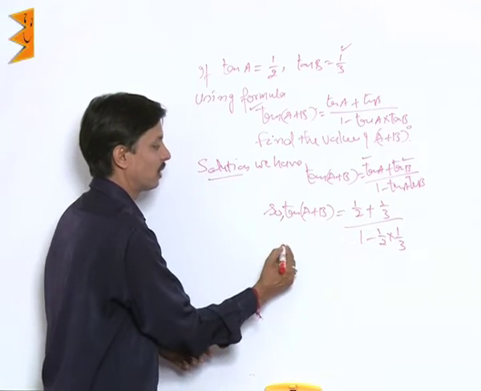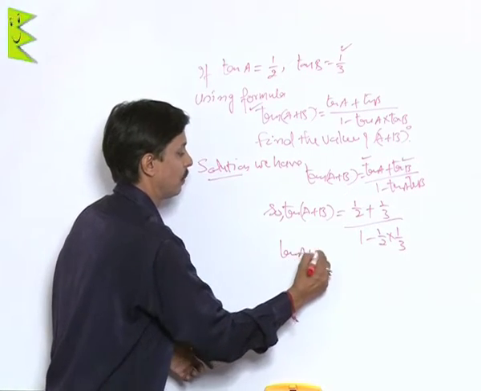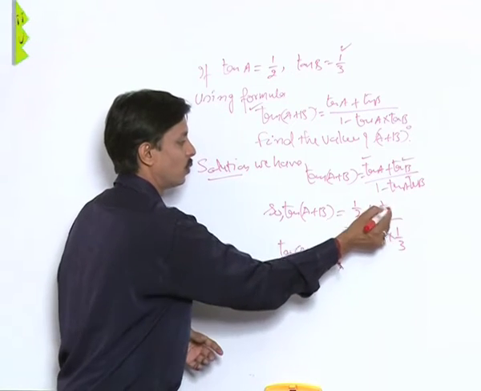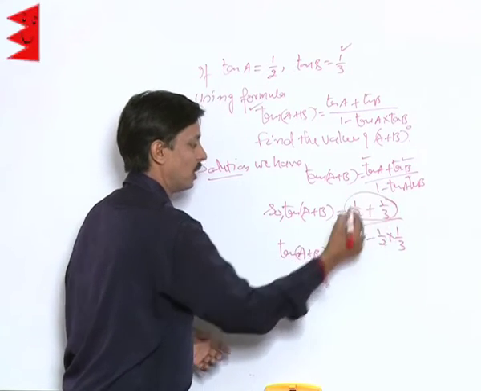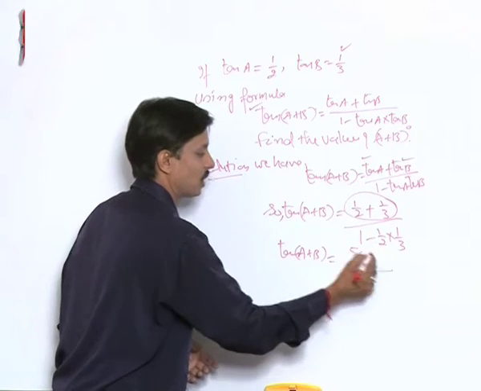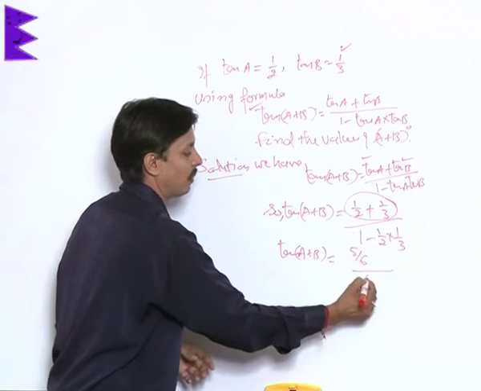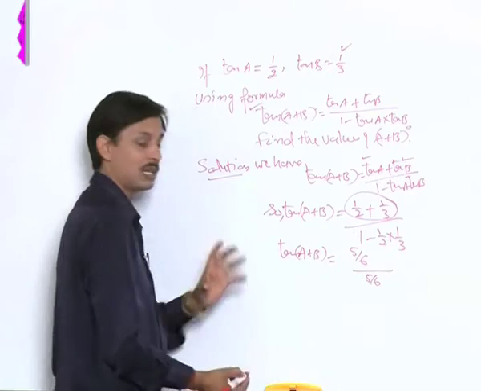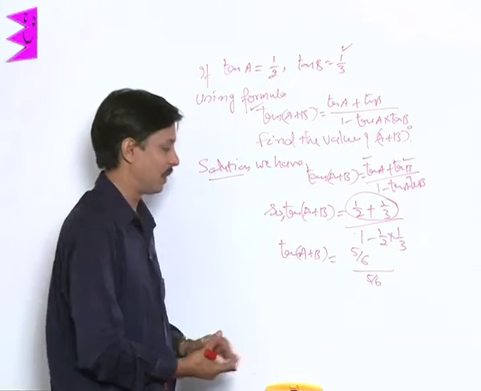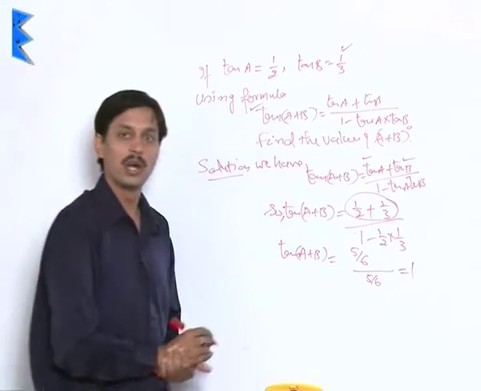So what do we get? Tan of A plus B equals 1 by 2 plus 1 by 3, which gives us 5 by 6. 1 minus 1 by 2 into 1 by 3 also gives us 5 by 6. 5 by 6 upon 5 by 6 gives us 1.